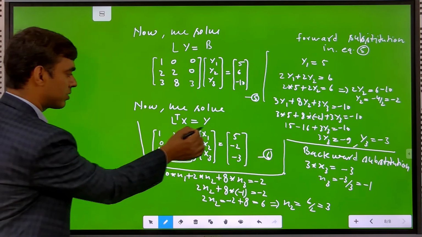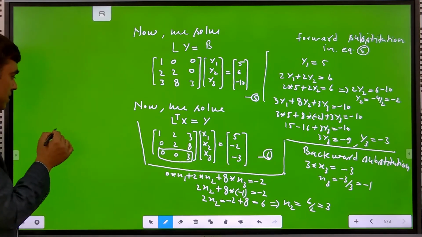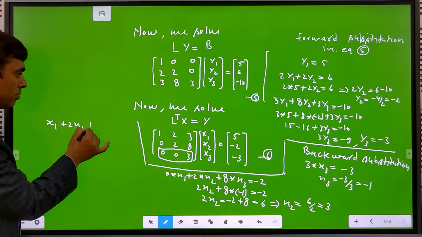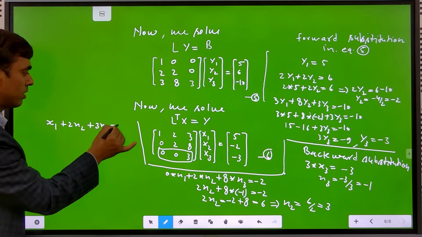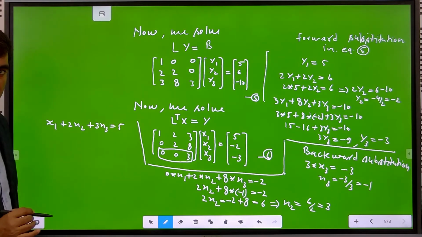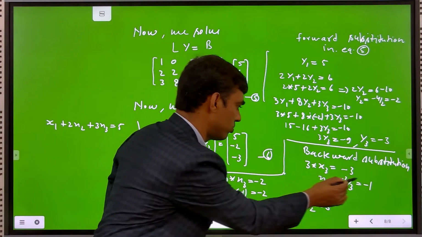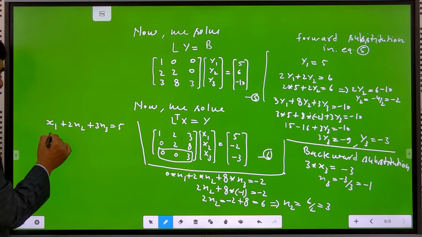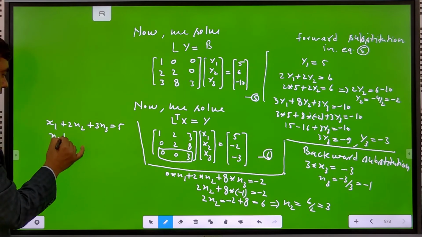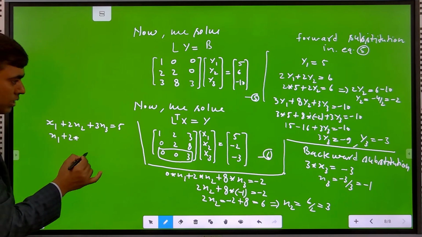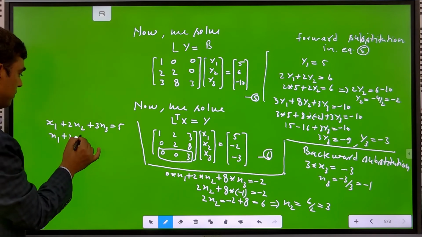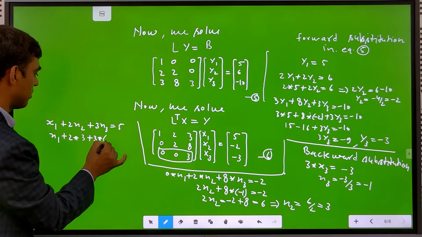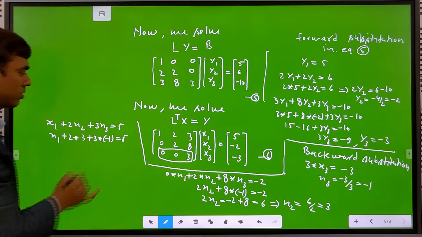We multiply the first row by the vector x, and this becomes x1 plus 2x2 plus 3x3 equals 5. Now we have the values x3 equals -1 and x2 equals 3. So we put the values of x2 and x3: x1 plus 2 into 3 plus 3 into -1 equals 5.